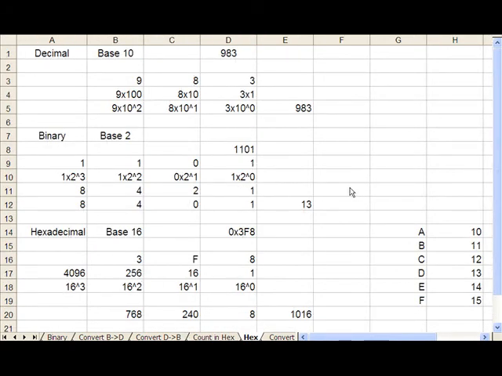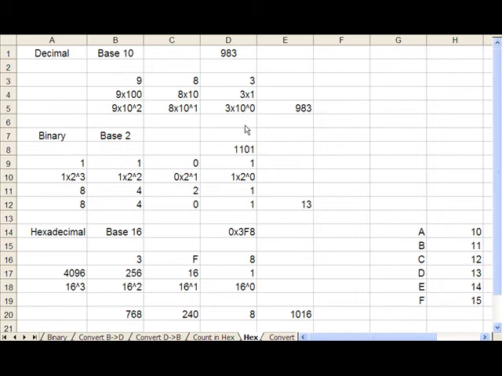Okay, as we continue to look at the hexadecimal number system, or base 16, let's go back and review base 10 and base 2. So in base 10, we started out by looking at a regular decimal number, 983, and we explored that that's the same as 9 times 10 to the power of 2, or 900s, 8 times 10 to the 1, or 8 tens, 80, and 3 times 10 to the 0, or 3 ones.